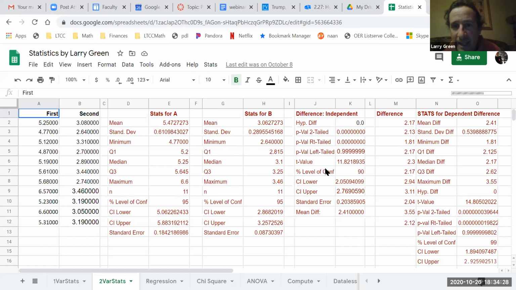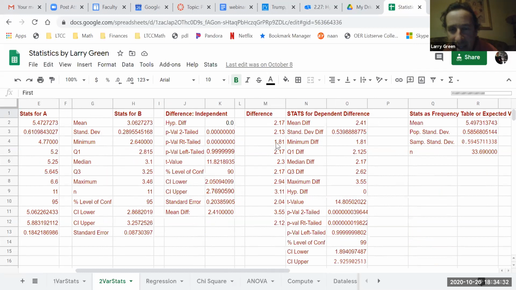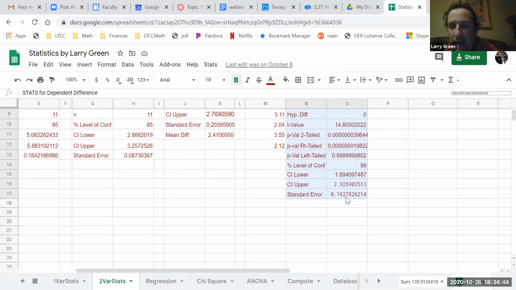Depending on whether you do independent or dependent, and we'll learn about that next week, if you're doing independent, you're going to copy and paste what I just highlighted, the difference independent piece. Whereas if you're doing dependent, you're going to copy and paste this piece into your paper. And that's required. You have to do it or you lose a lot of points.